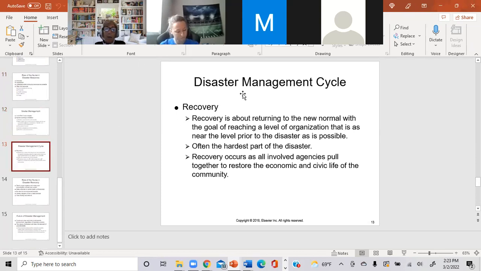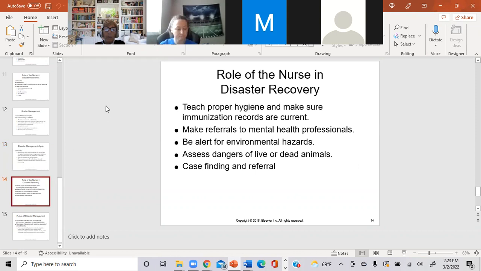And then the next part of the cycle is recovery. Recovery is about trying to return to the new normal. Often recovery is the hardest part of the disaster, and it involves the coordination of many, many agencies to try to restore economic and civic life to the community.